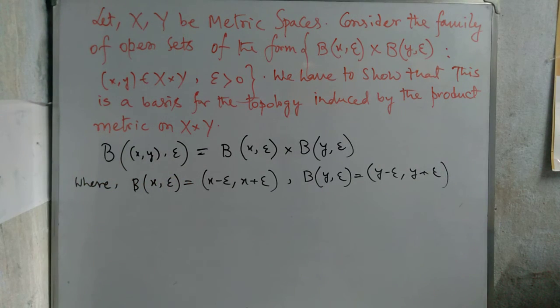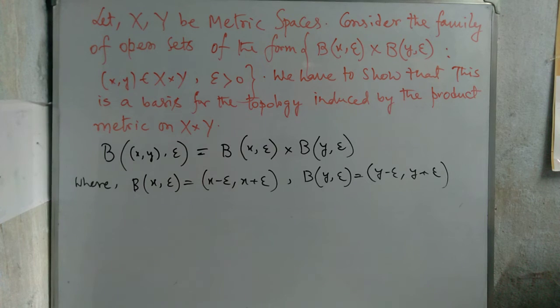Then how do we represent this collection? This is a basis for the topology induced by the product metric on X cross Y.